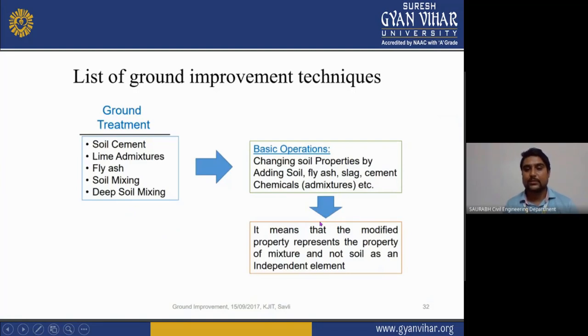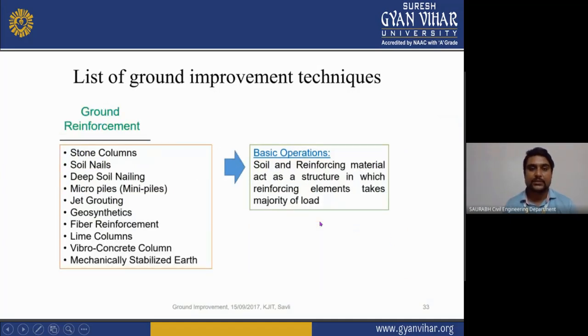So these are some basic soil improvement techniques. There are also methods such as stone columns, soil nails, deep soil nailing, micropiles, jet grouting, geosynthetic fiber reinforcement, lime column, vibro concrete column, and mechanically stabilized earth. These are some techniques by which we can improve the soil.